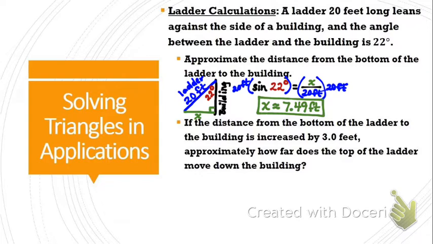So I'm going to kind of draw the 2 positions of this ladder here. Ladder starts off like this, and then it slides down the wall to about here.